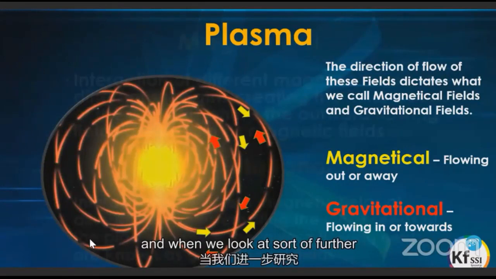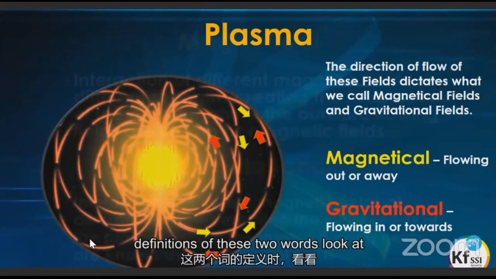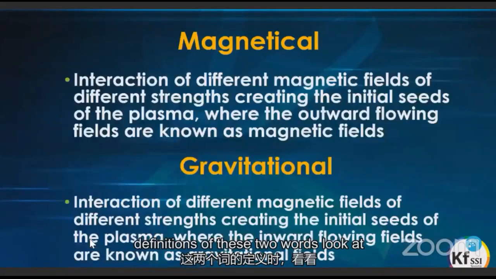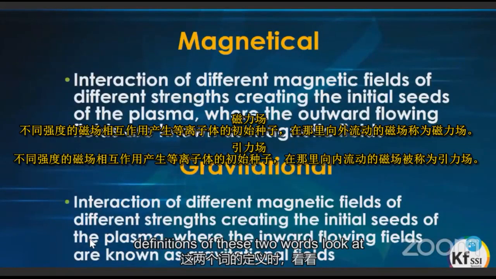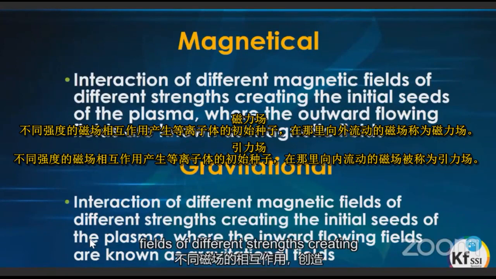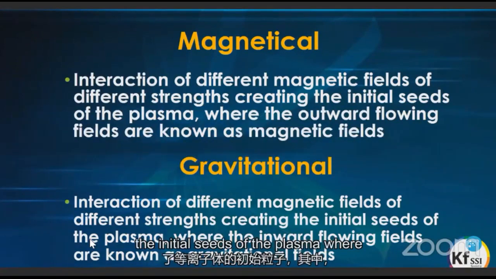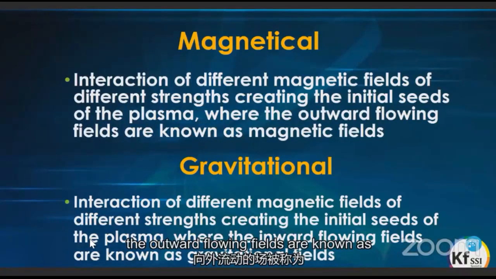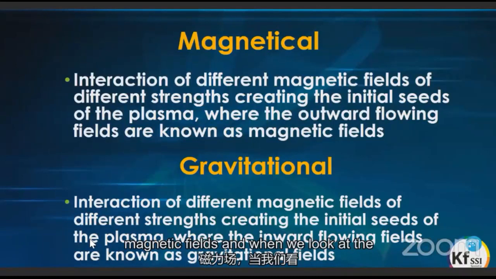And when we look at further definitions of these two words, magnetical can be defined as the interaction of different magnetic fields of different strengths creating the initial seeds of the plasma, where the outward flowing fields are known as magnetic fields.